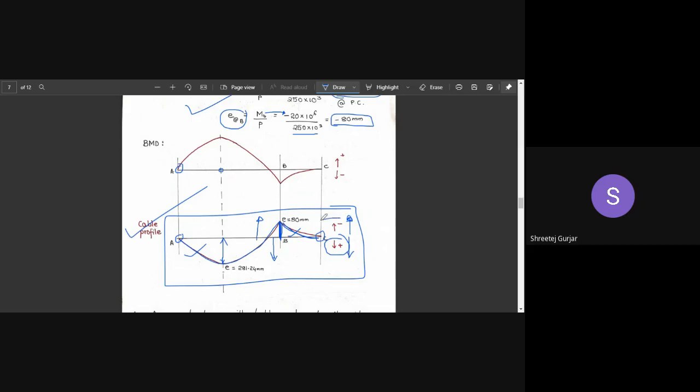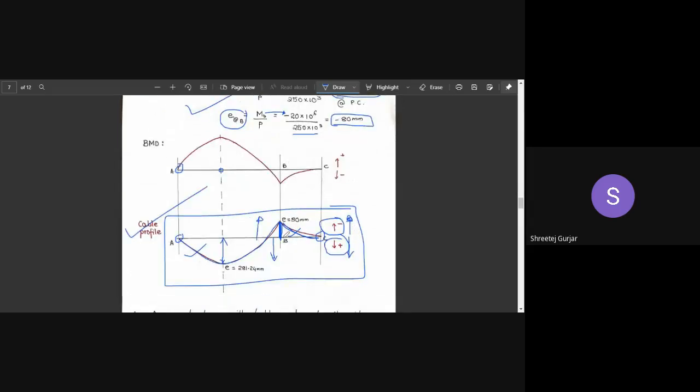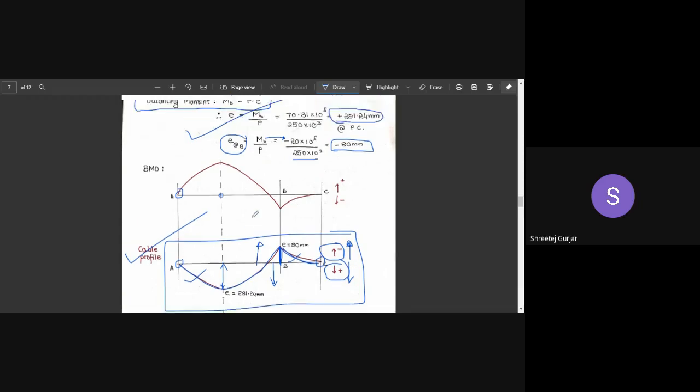Remember these two sign conventions, very important, because you can observe here we have minus 80 mm. You will be confused: where to draw this minus 80 mm? Minus 80 mm means it will be 80 mm above your CGC, and plus 281 means it is below your CGC. I hope this is clear.